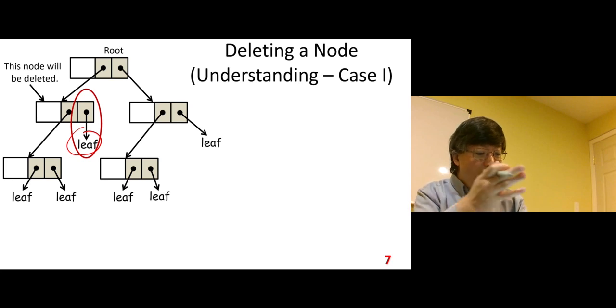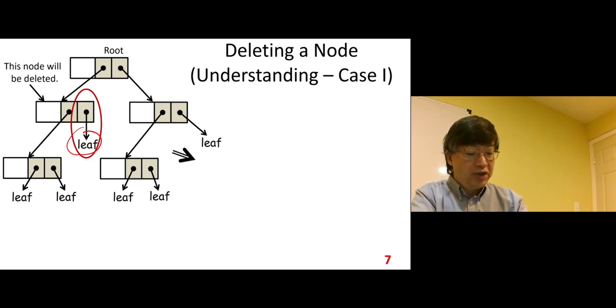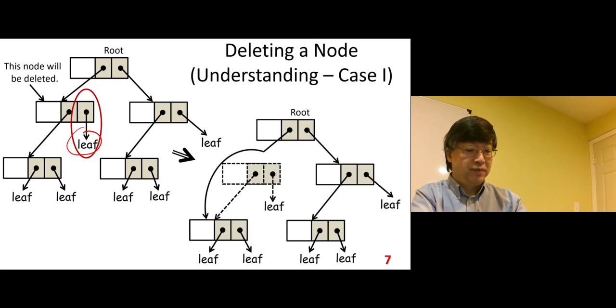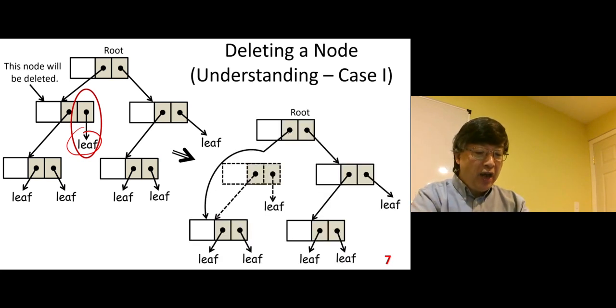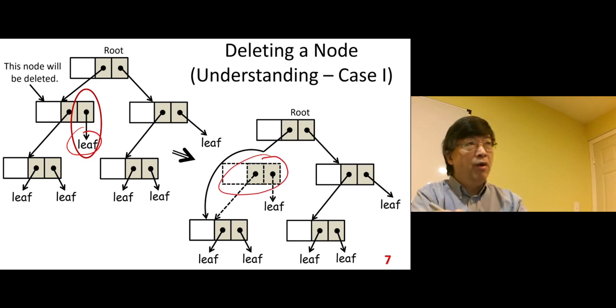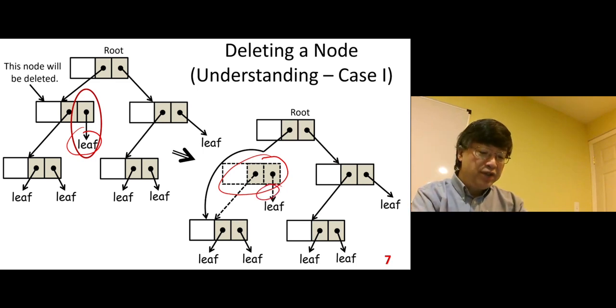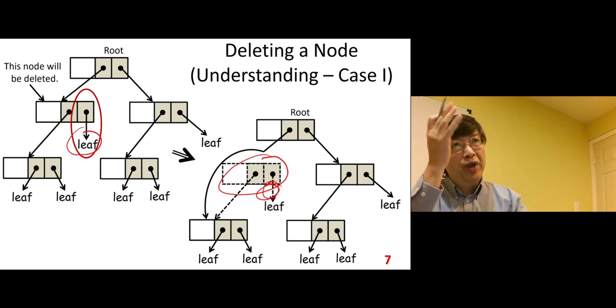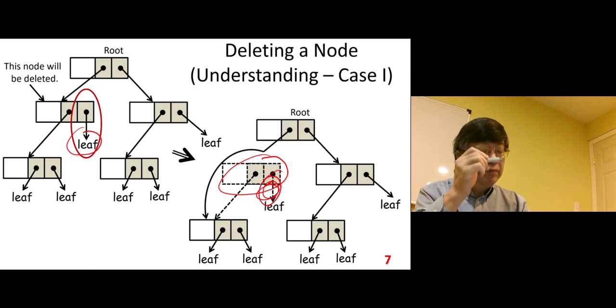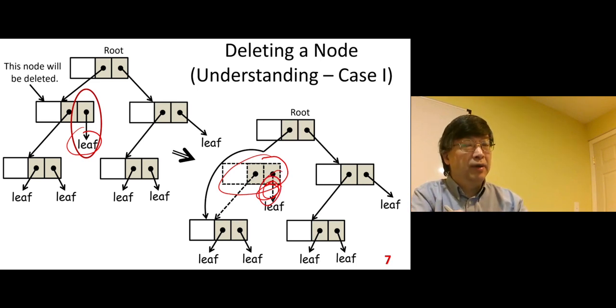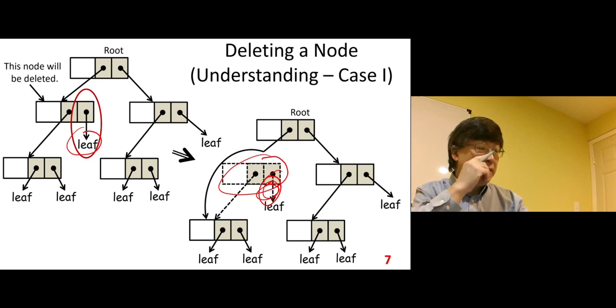So when we have this structure, the deletion is as simple as this. You change the link from the root to pass it to the next one, then drop this node, and you do not need to worry about this link because there is no data associated with this link. So you do not need to reassign this link. So this is the simple case.